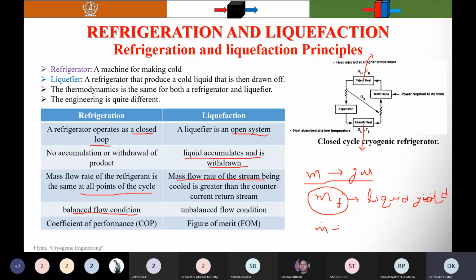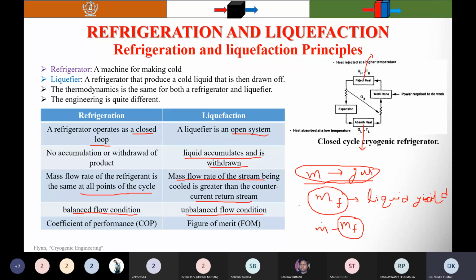To make up this MF, we need to supply MF amount of gas before entering the compressor. So that's why it is called the unbalanced flow condition. The mass flow rate of the stream being cooled, this is the gas which is going to be cooled, is greater than the counter current return stream, because you have already taken MF, which is the liquid yield.